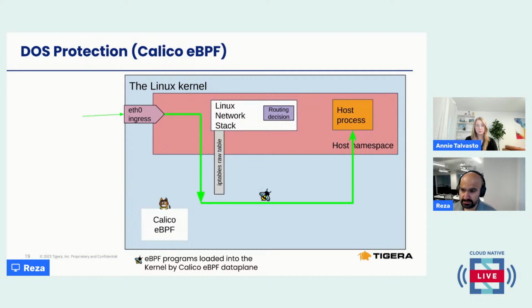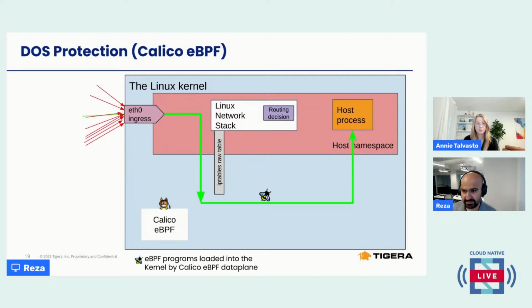When a legitimate user tries to contact, the eBPF data plane will take the request and send it to the process that is running. So this is something that is ideal.